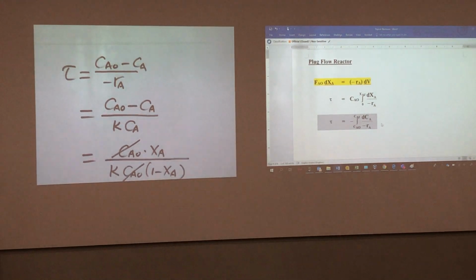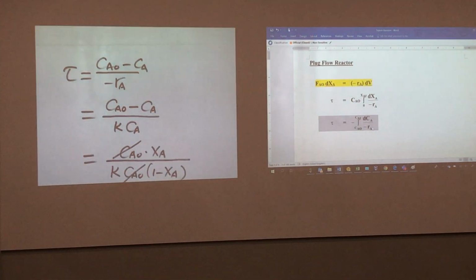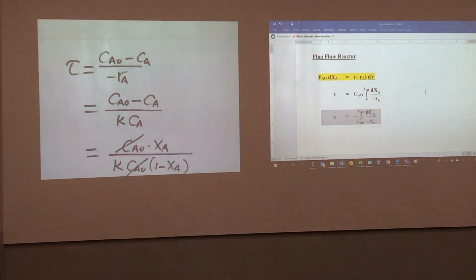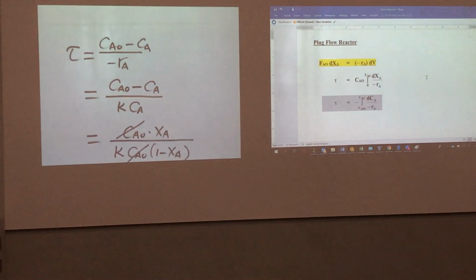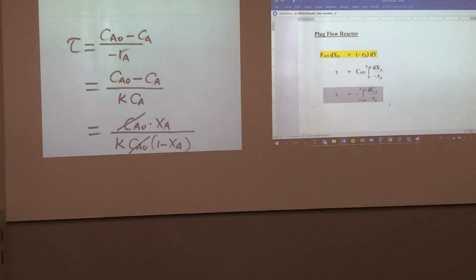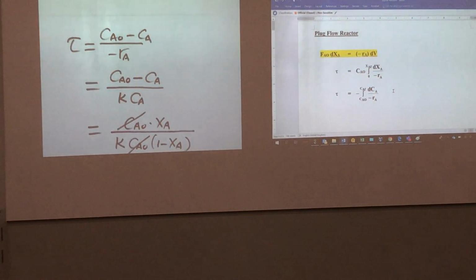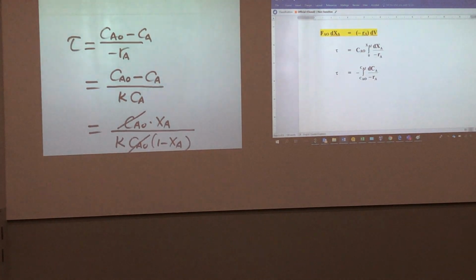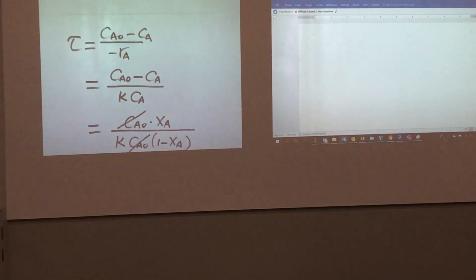Okay? So after this, then you need to go to the table again. To do first order, to do second order. Okay? So please, for plug flow, the most important is first order and second order. So we come over here. Starting from here, you come over to the table again.